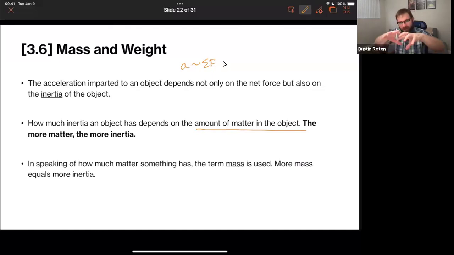In speaking of how much of a thing there is, we usually talk about that in terms of mass. So more mass equals more inertia. So inertia goes up if mass goes up, or if there's a lot of mass, there's a lot of inertia.